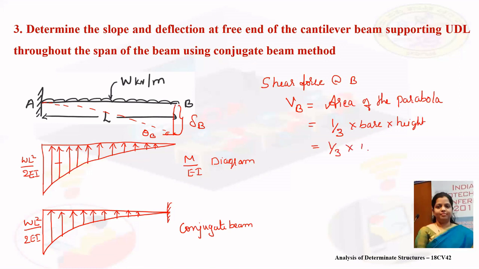Base is L, height is WL square by 2 EI. Therefore, shear force at B will be equal to WL cube by 6 EI. As per conjugate beam rules, slope at B will be equal to shear force. Therefore, slope at B will be equal to WL cube by 6 EI.